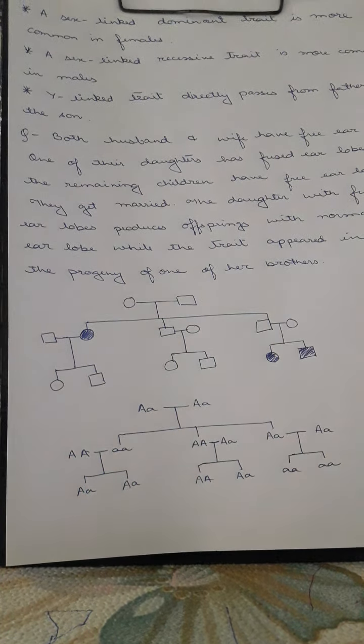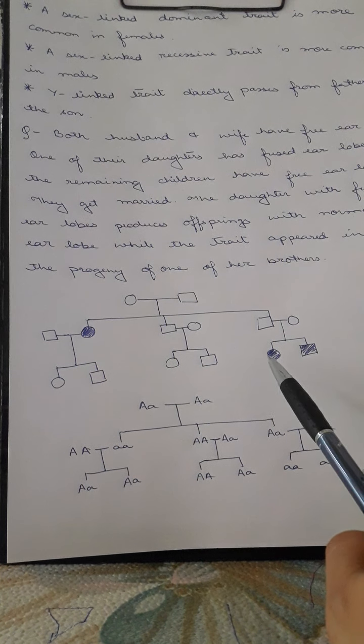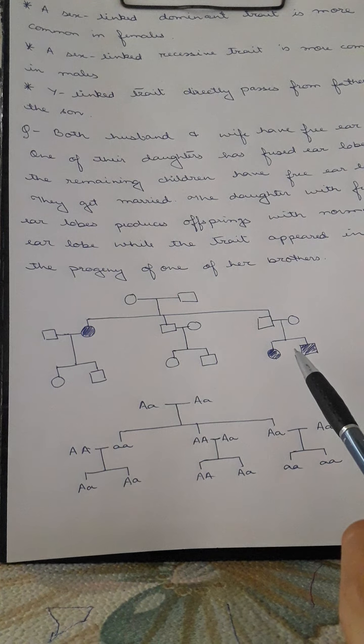He is the carrier. When he marries a woman with a normal earlobe, that particular disease gets transmitted to the next generation, okay. So here this particular individual shows the disease, that means this is the affected individual, he is the carrier, and when he marries her, this is transmitted to the next generation.